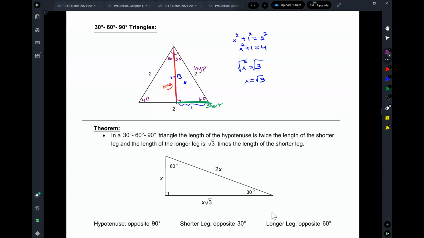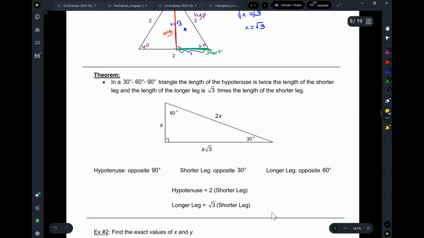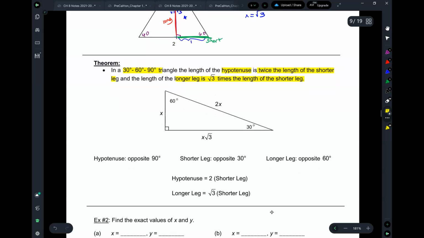The hypotenuse is the short leg times 2. So we have to go in reference to the short leg every single time. So let's say that again. In a 30, 60, 90 triangle, the hypotenuse is twice the shorter leg. The longer leg is root 3 times the shorter leg. Okay, so it all goes in reference to that shorter leg.